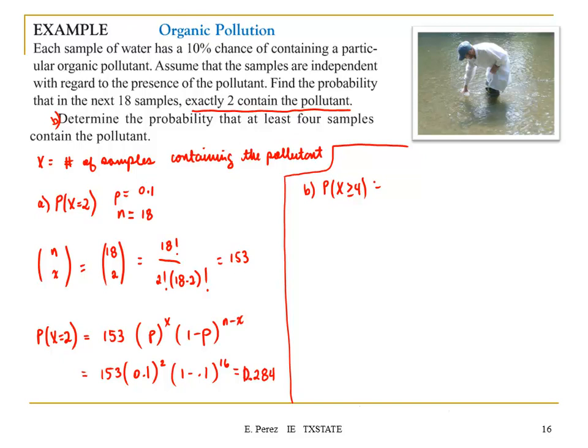Using the mathematical expression, we do the summation from x equals 4 to 18 of 18 choose x times 0.1^x times 0.9^(18 minus x). But what happens? You can solve this problem this way.